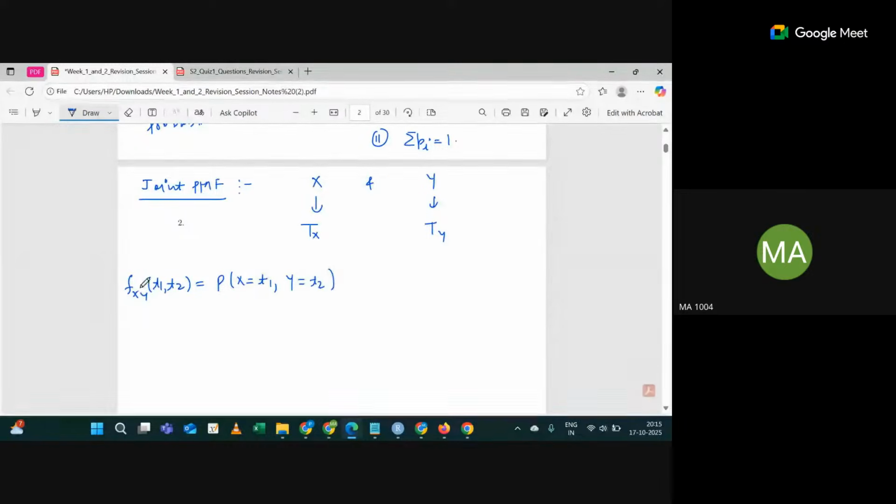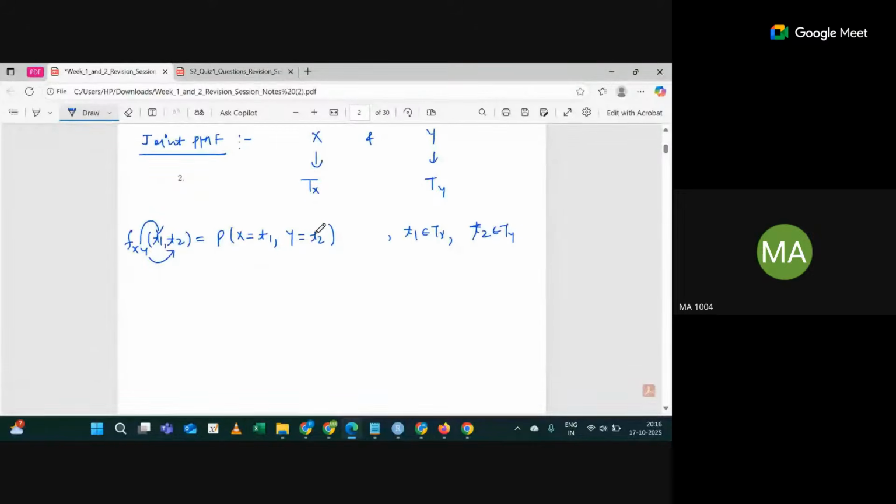This means x is taking value t1 and y is taking value t2, where t1 belongs to Tx and t2 belongs to Ty. This is just to write the joint probability. Basically it means the probability that x is taking value, say, 1, and y is taking value 2, something like that.